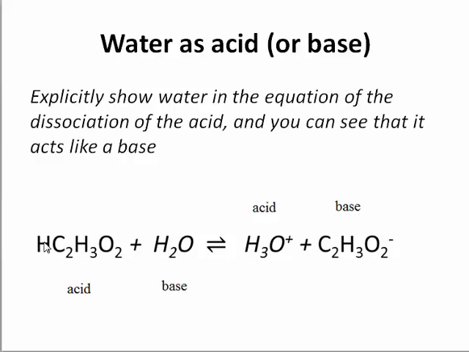In the forward reaction, acetic acid donates an H to water and acts like an acid, and water acts like a base. Again, in the reverse reaction, hydronium acts like an acid, and the conjugate base, acetate, acts like a base. So again, a conjugate base can react with an acid to make its conjugate acid in water.